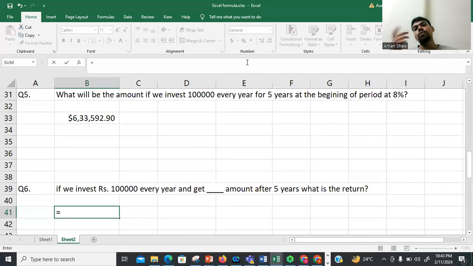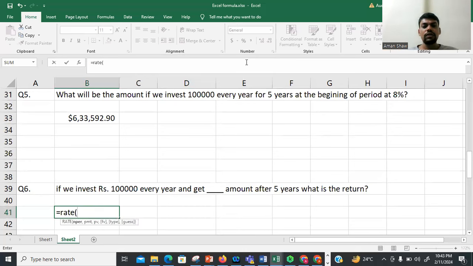The cash flows are equal, 1 lakh, 1 lakh, 1 lakh, and also the timing is equal, every year. Okay, so here I will use the formula RATE.